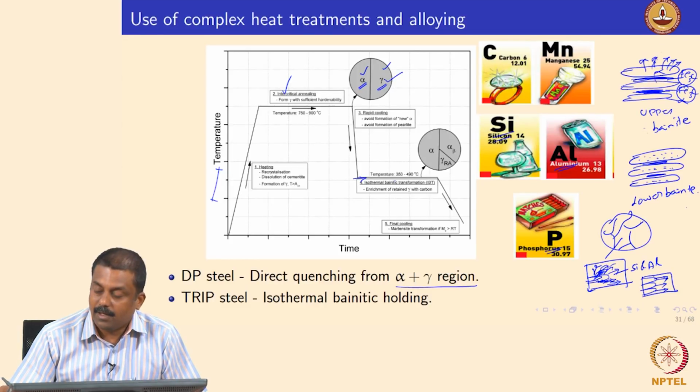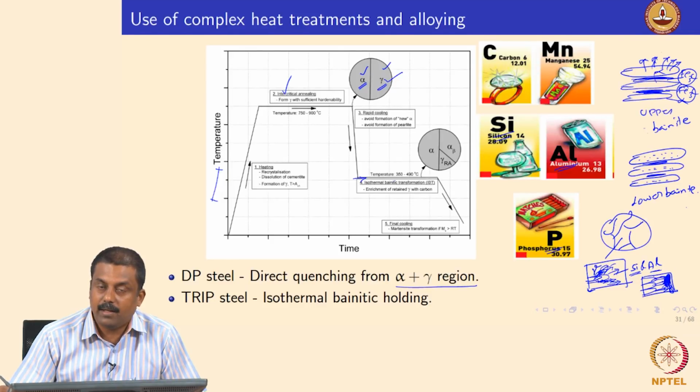Okay. The carbon atoms are all moving away from the bainitic ferrite, and they are enriching the untransformed austenite considerably. And we do not nucleate cementite because the nucleation of cementite is retarded by the presence of silicon and aluminum atoms in the austenite matrix.